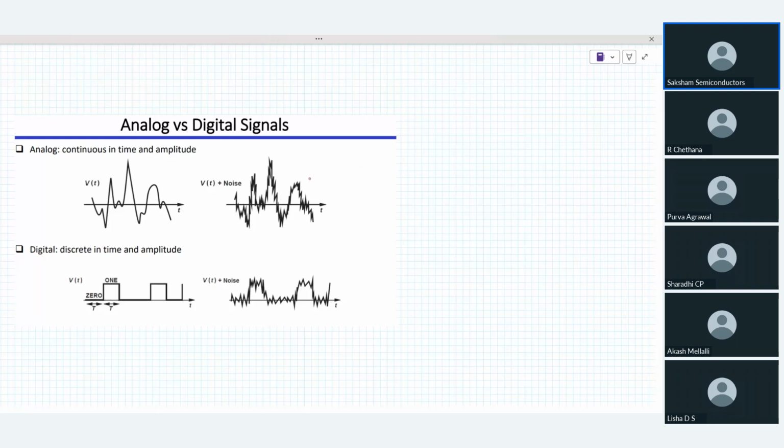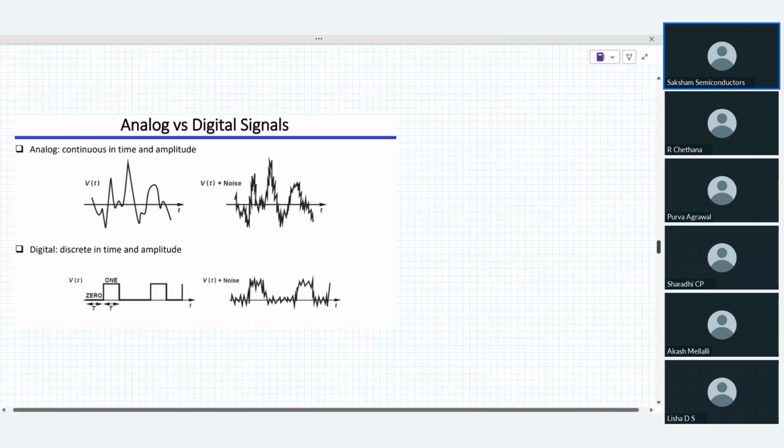Analog signals are basically continuous signals, and digital signals are discrete signals, as you can see over here. Because most of the work that started initially was with analog signals, the name analog circuit design became more relevant, and that name has still prevailed.